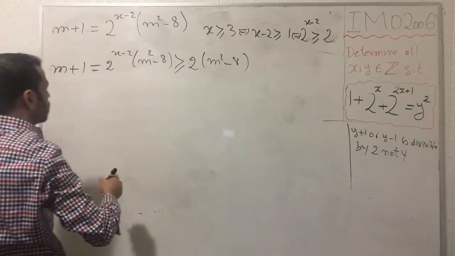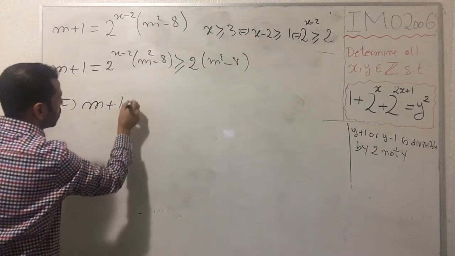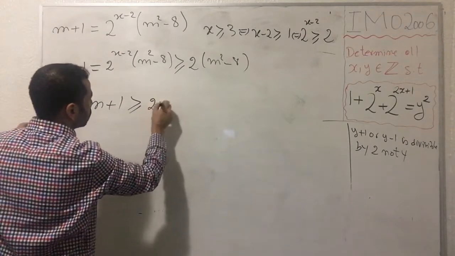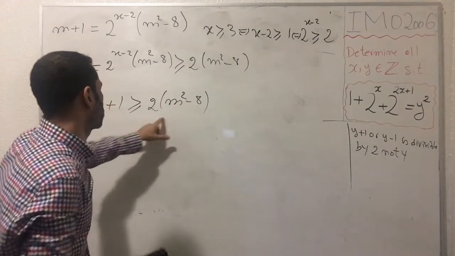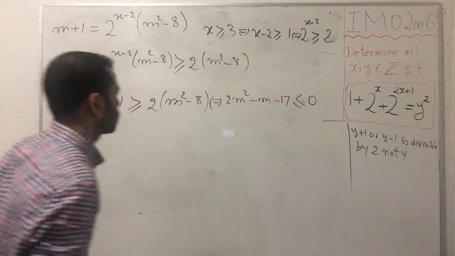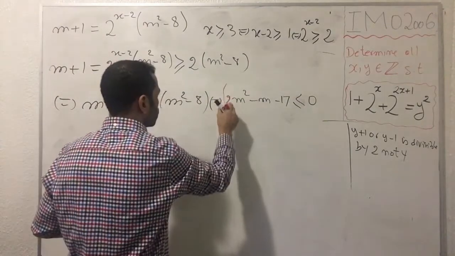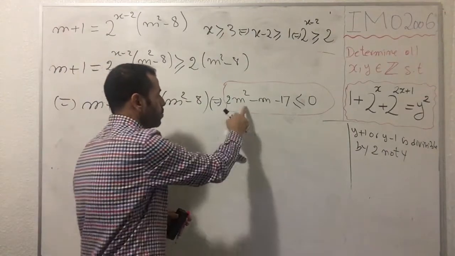So this is equivalent to m plus 1 greater than or equal to m squared minus 8. I'm going to rearrange these terms, and this is less than or equal to 0.